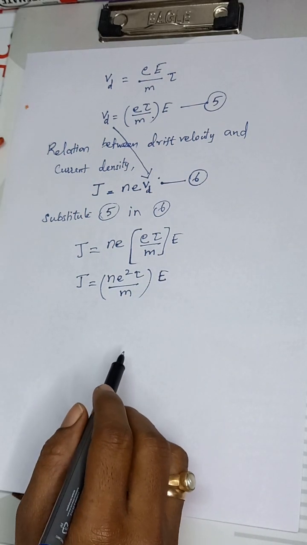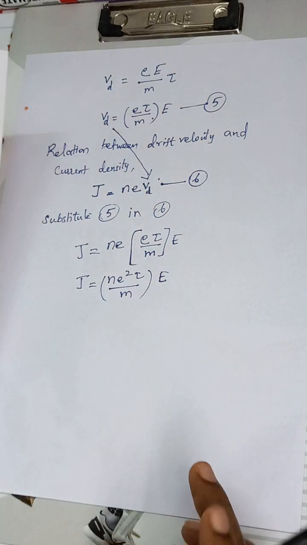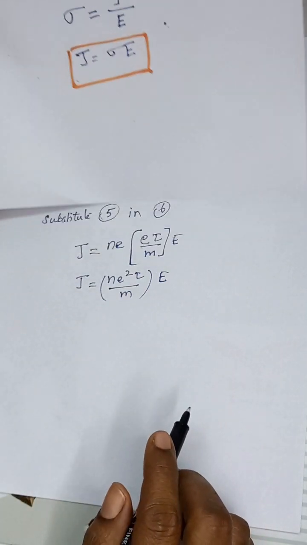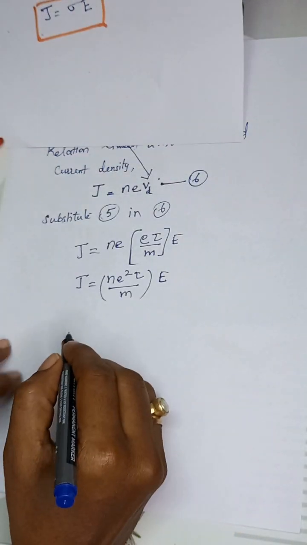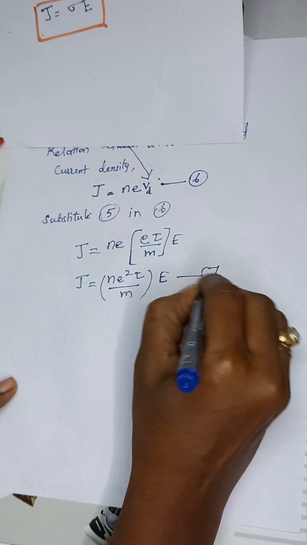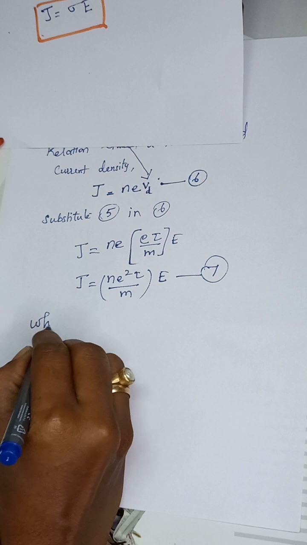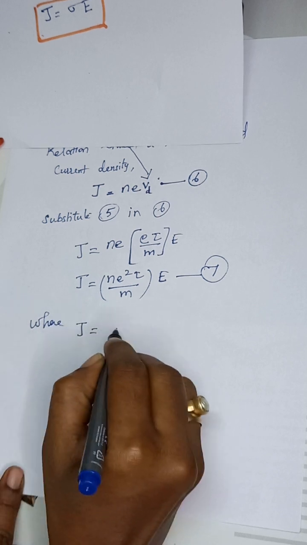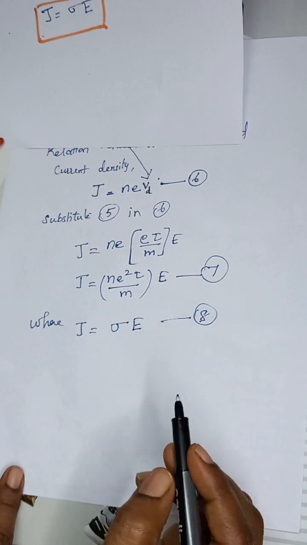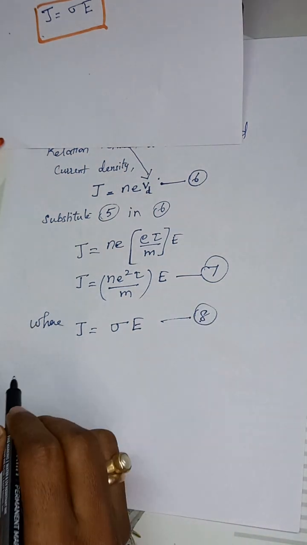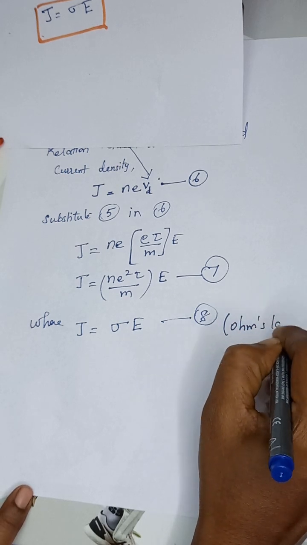We know from the definition, or from Ohm's law, J is written as sigma E. Take the previous result as equation 7, and J is equal to sigma E as equation 8. This we have taken from the definition, it is Ohm's law.